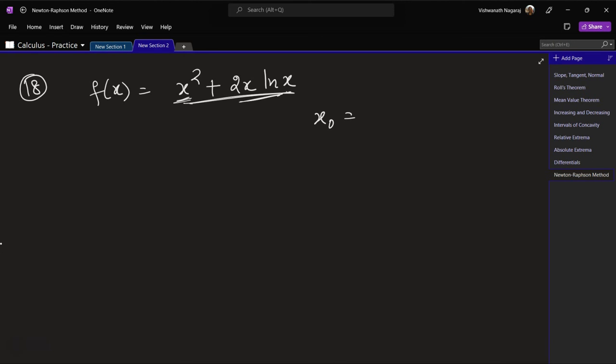So this has to be negative. If this has to be negative, then x has to be between 0 and 1, not 0 included. So here x has to belong to (0, 1), where 0 and 1 are not included.